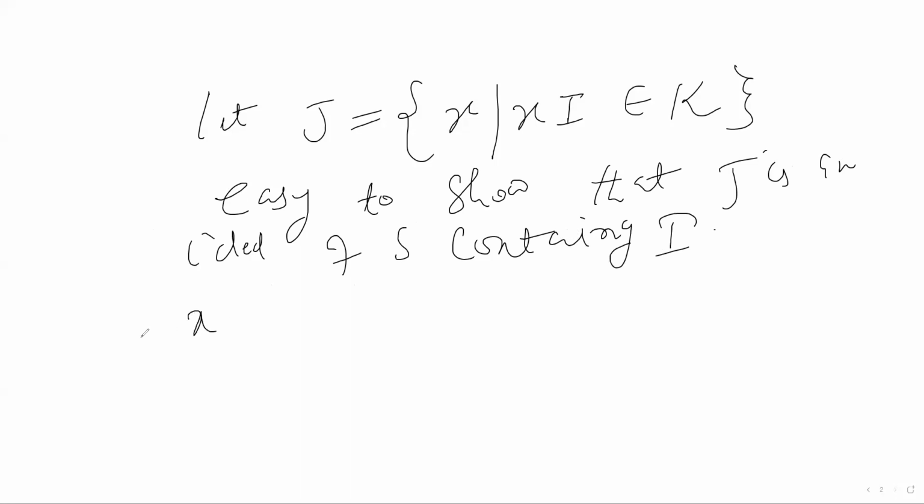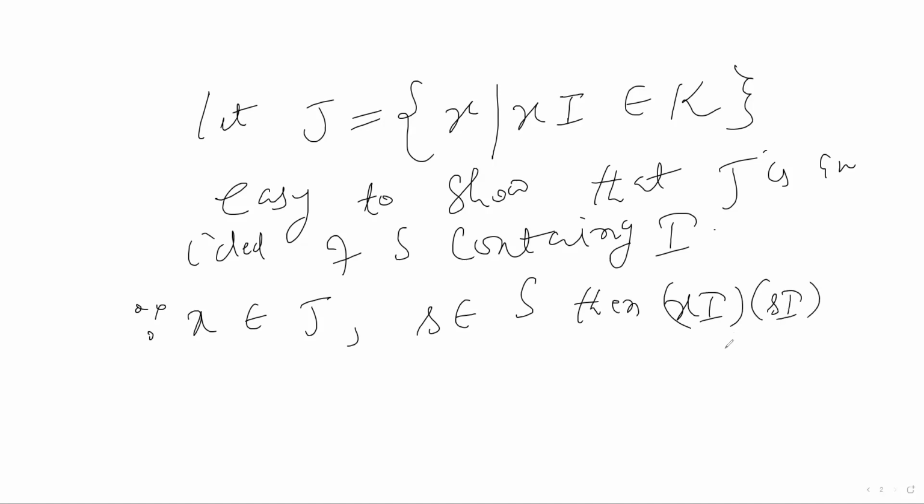How? Because if you take x in J and some element s in S, then if you take the product xI s I, this product is the same as xsI. Now xsI belongs to K, because xI is an element of K and K is an ideal.